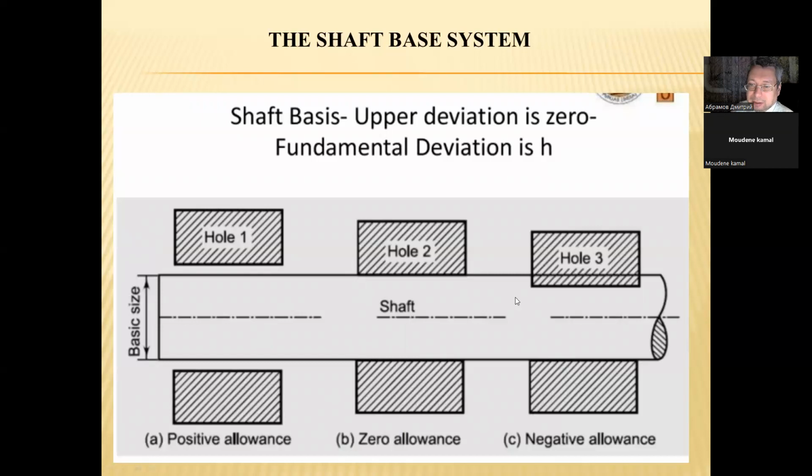Hole: positive allowance, 0 allowance, and negative allowance. And we have clearance fit, transition fit, and interference fit. We change only the dimension of the hole in the shaft-based system.